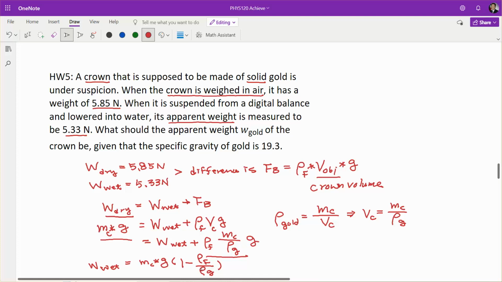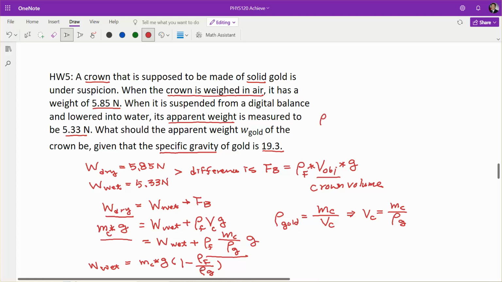Well, what is this one? We didn't talk about this, but let me just explain. What does the specific gravity mean? The specific gravity simply represents the density of one object with respect to the density of the water; the density ratio is the specific gravity.